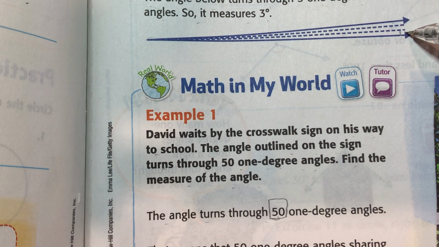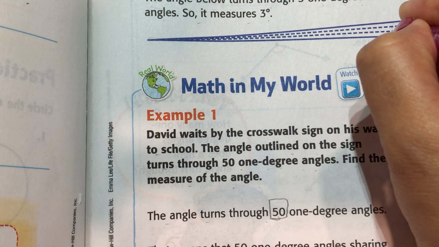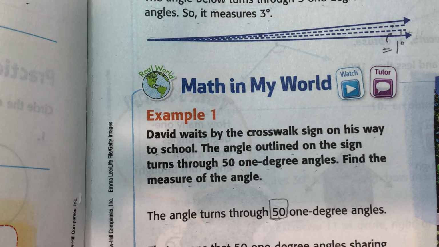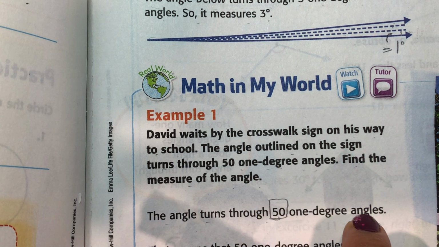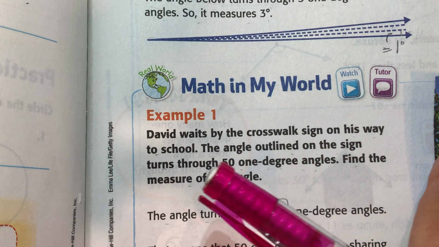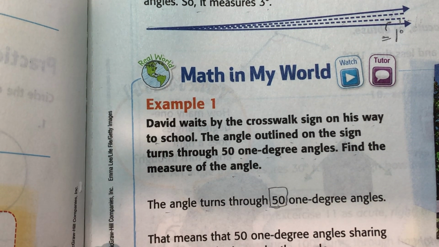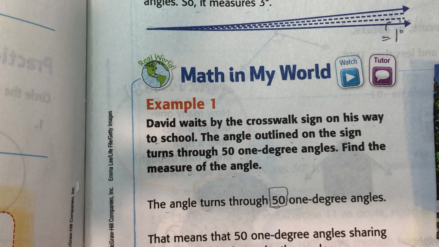This from here to here, that is 1 degree, not 10. This space here equals 1 degree, okay? So if you have 50 1 degrees, okay, 50 of them, what is the opening? And there's the open sign right there. That means that 50 1 degree angles sharing the same endpoint, there's the endpoint, make the angle.